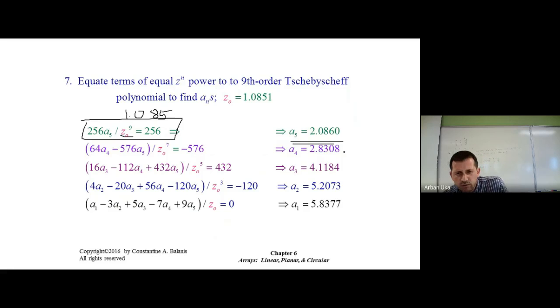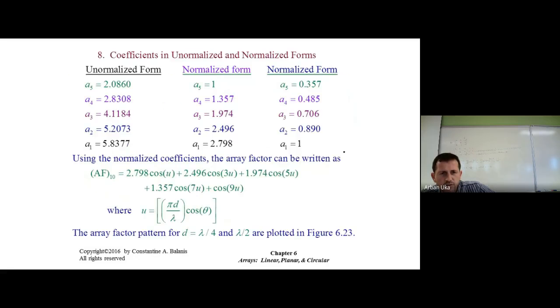A4 is equal to 2.83, and then A3, A2, and A1. All of these we have obtained from the array factor, equating that to the Chebyshev polynomial. Now, these values of the coefficients, we can normalize them, and normalization simply means dividing by the value of A5.